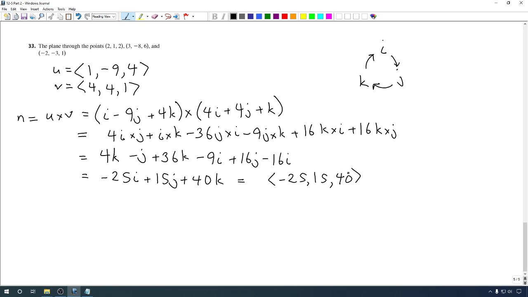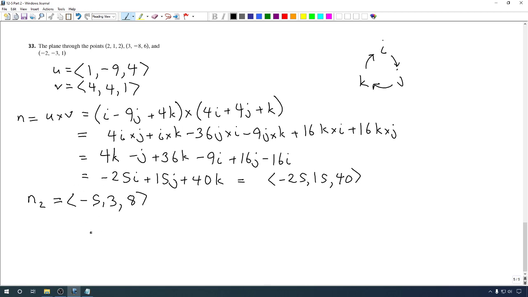If I pull out a 5, I'll get a new vector, let's call it n2, which is negative 5, 3, 8. It's a nice simpler vector, so it'll save me some work when I plug in our points and find out what the d is going to be.